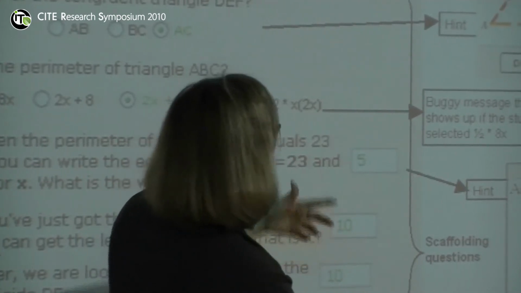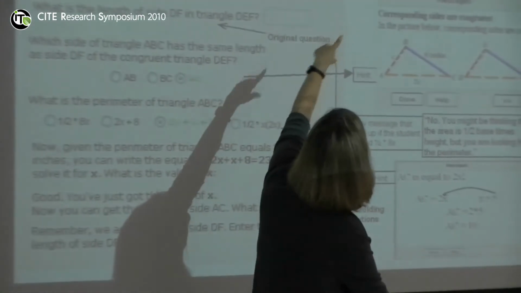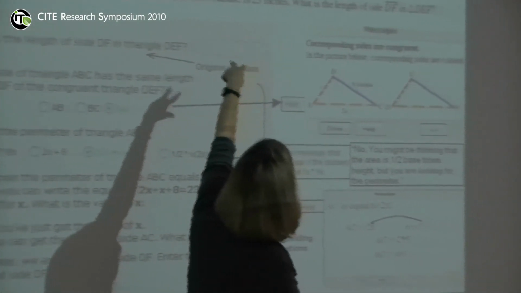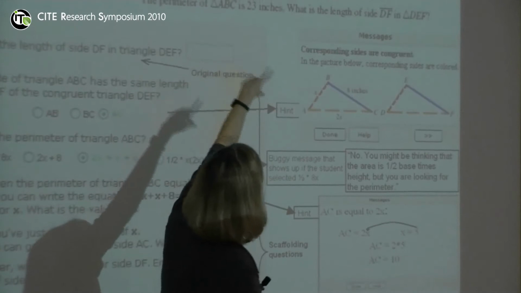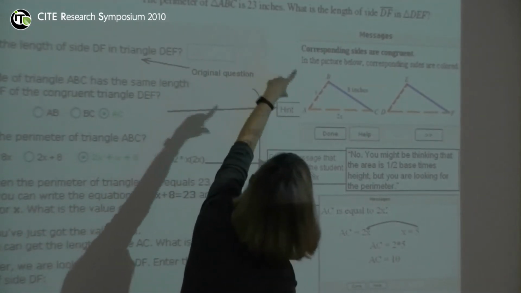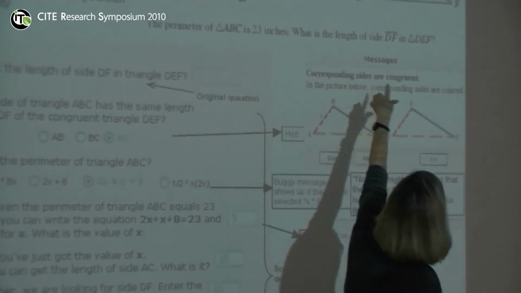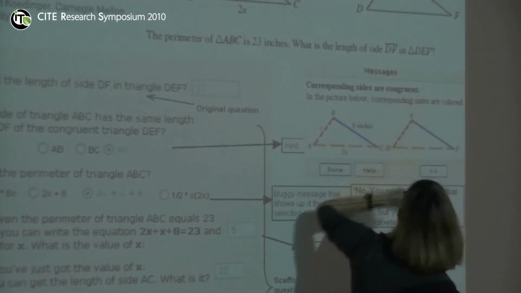In this case, you have the two triangles are congruent. One side is x, one side is 2x. The hypotenuse, what is it right now? So it's 8 inches. The perimeter of ABC is 23 inches. What's the length of side DF in triangle DEF?